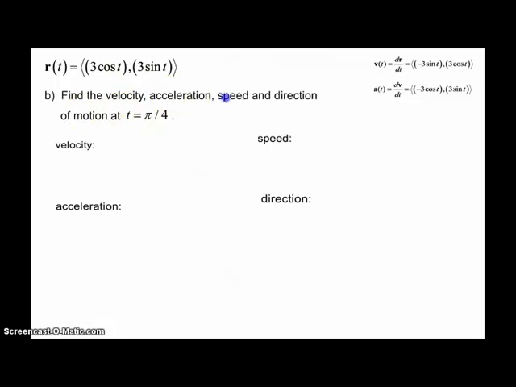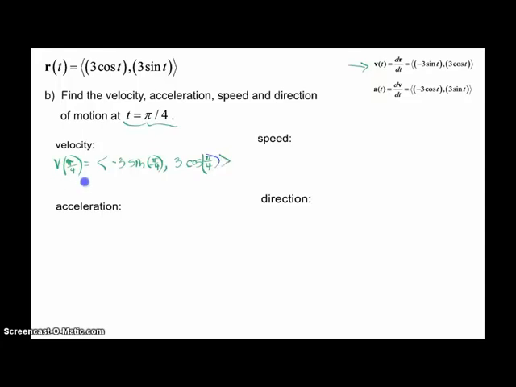Find the velocity, acceleration, speed, and direction of motion at t equals pi over 4. So I'm looking for velocity of pi over 4, which we said was our velocity function. So that velocity would be -3 sine of pi over 4, comma, 3 cosine of pi over 4.